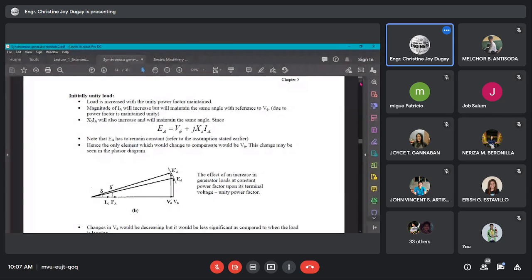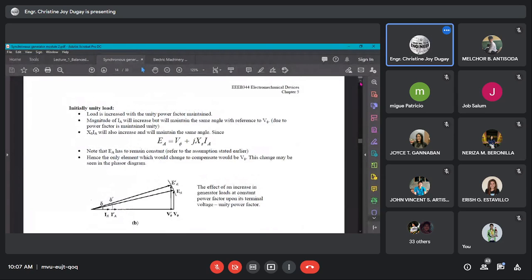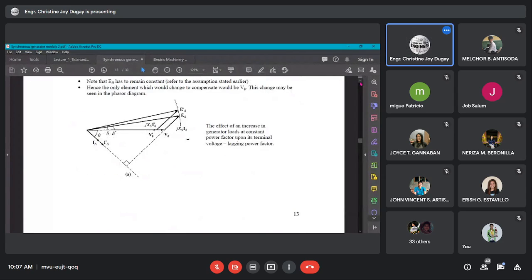So, EA originally, and then IA. Maintaining IA means the E prime EA is what moves. It is stretched just to compensate. That's all that happens here.